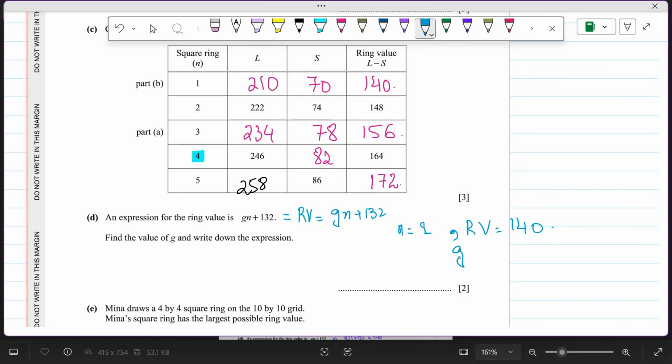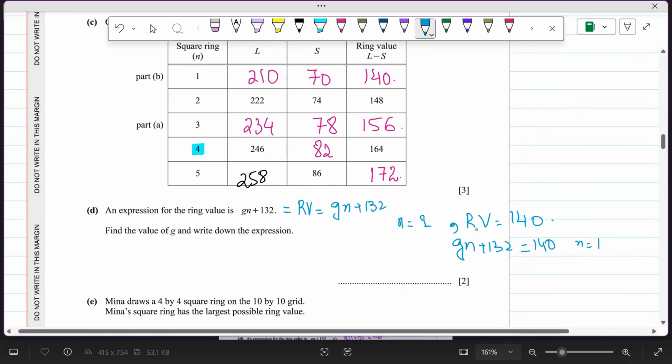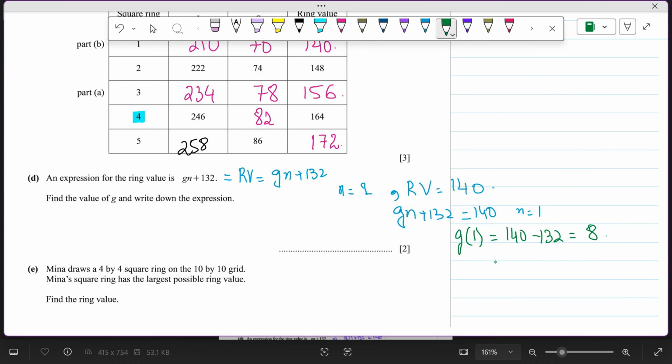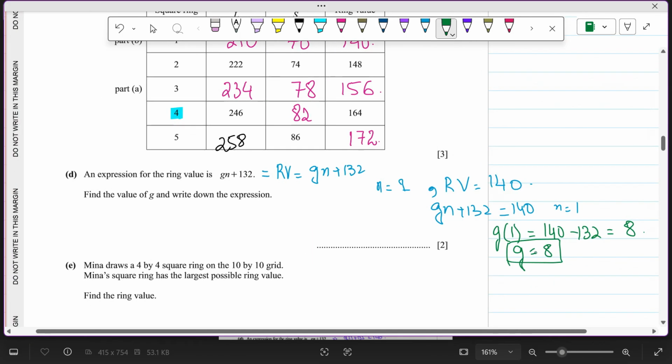So Gn plus 132 is equal to 140 when n is equal to 1. Plugging in the value of n, we have G times 1 equals 140 minus 132. When we move 132 to the right side, it becomes negative. So this is 8. So G is equal to 8.